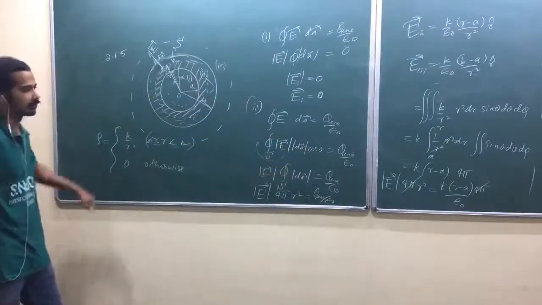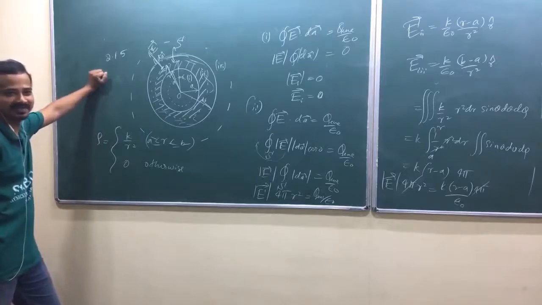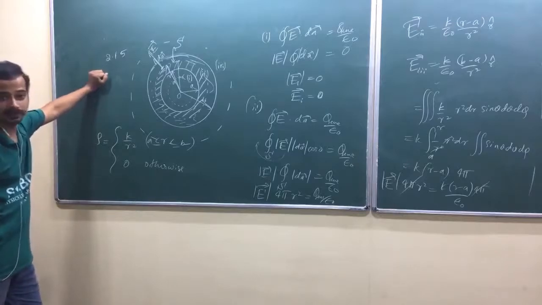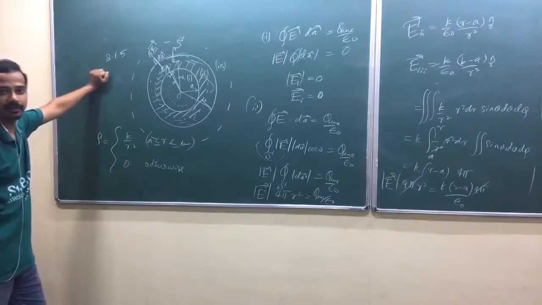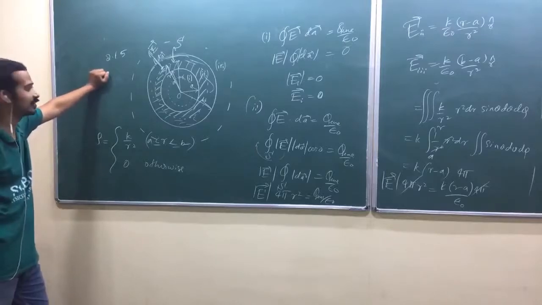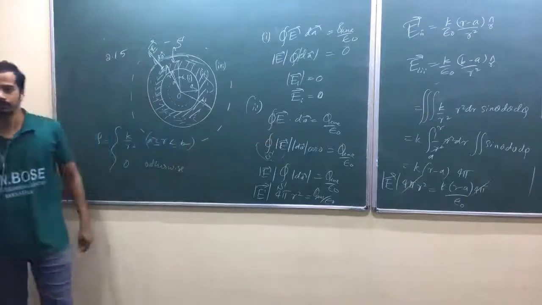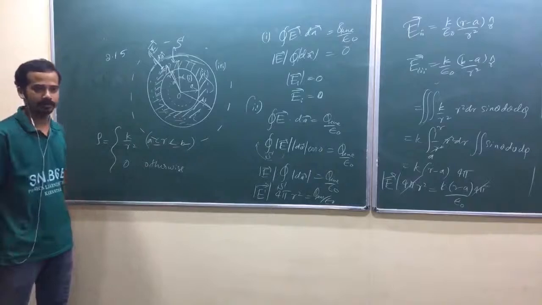So take that surface as infinitely thin. But that's an imaginary surface, okay? Don't make that mistake. That's an imaginary surface; we use it to find the electric field. Is that okay?